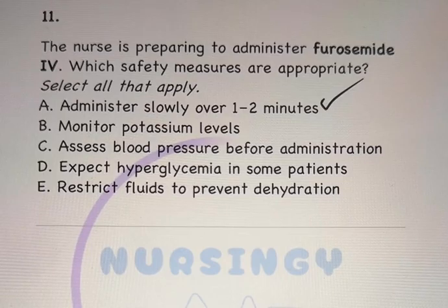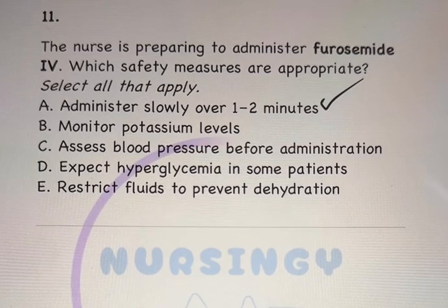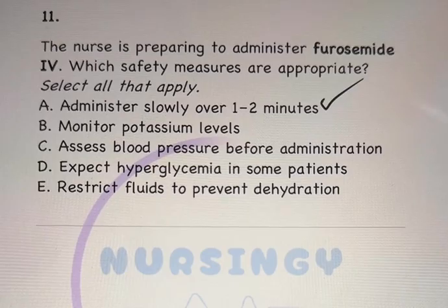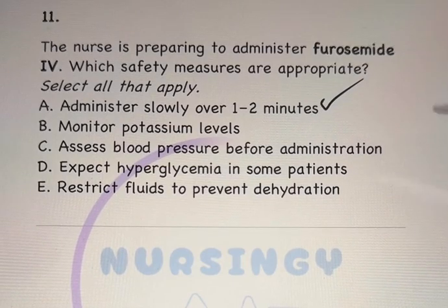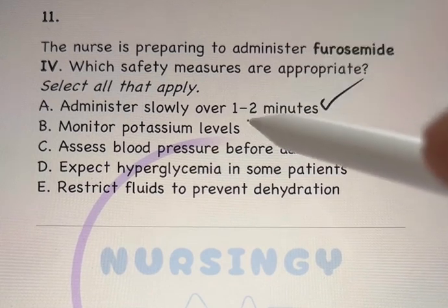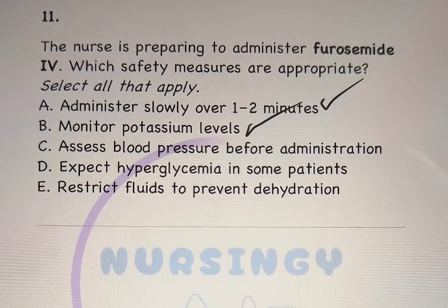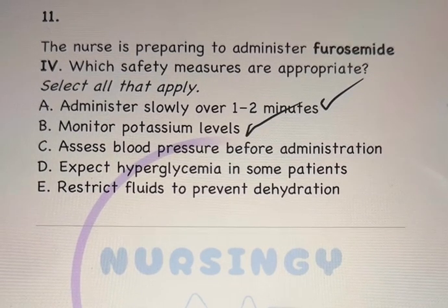So the patient can have hyper or hypo. Yes, hypokalemia. Because when it works on the loop of Henle and the ascending loop, it excretes everything out.